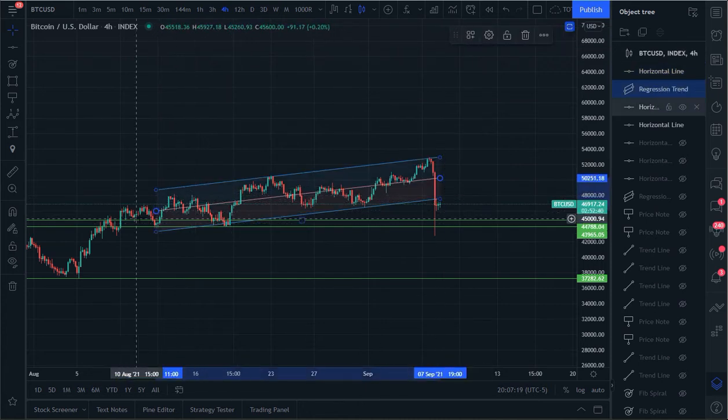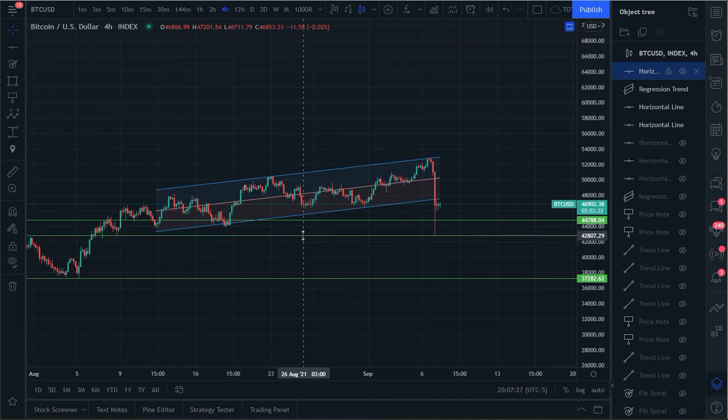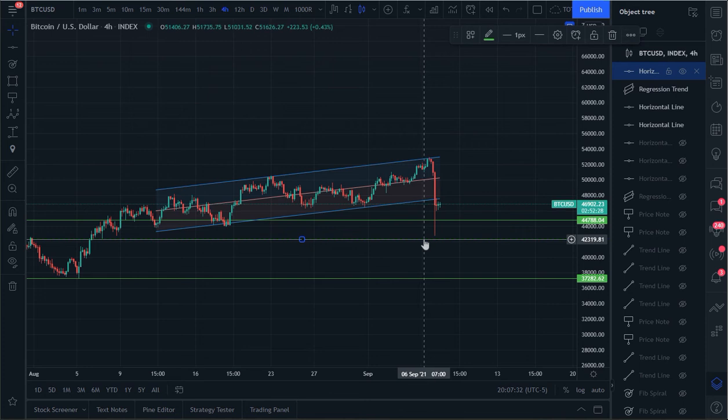set is already broken. This is a lower low that is reaching, if we want to be precise, because you can do that. Let's check the real number. Here we have a low at 42809.64, and here we have 42820.